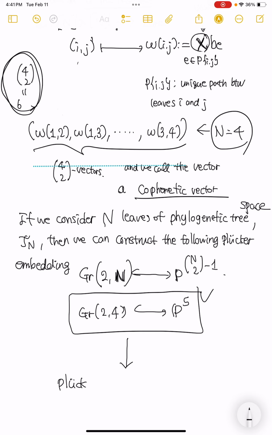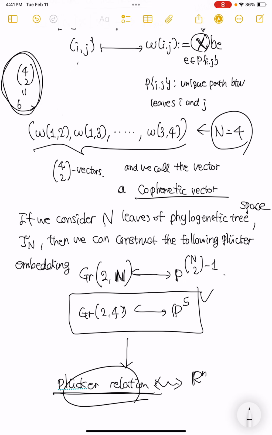Based on this, the next topic I want to discuss is the Plücker relation. By observing the Plücker relation, we can see the relation between that and the tropical projective torus.